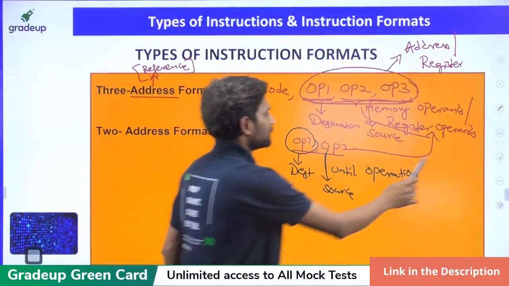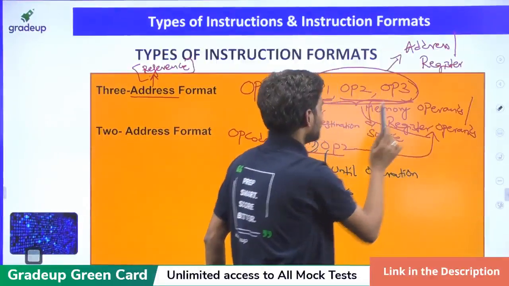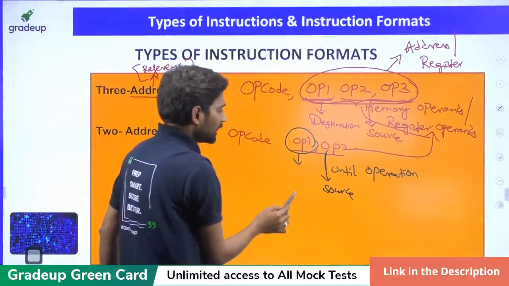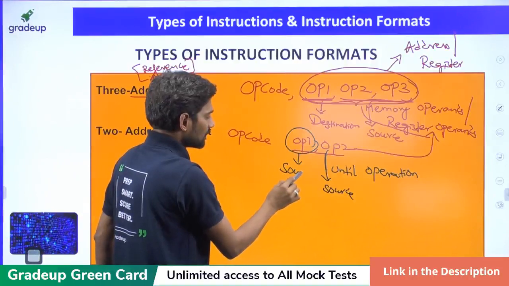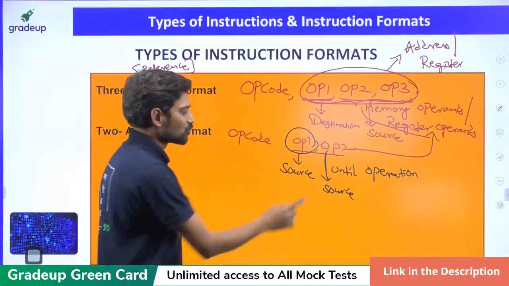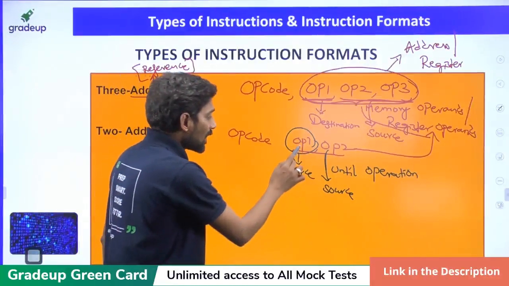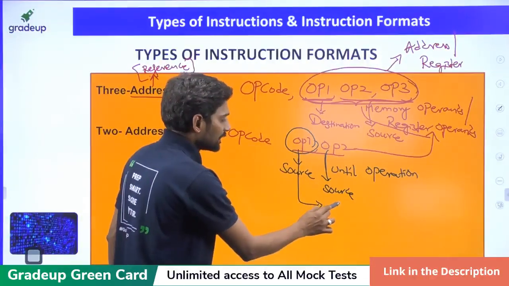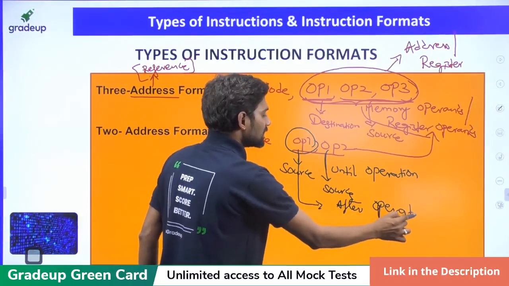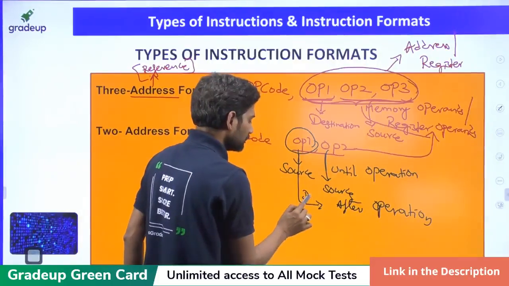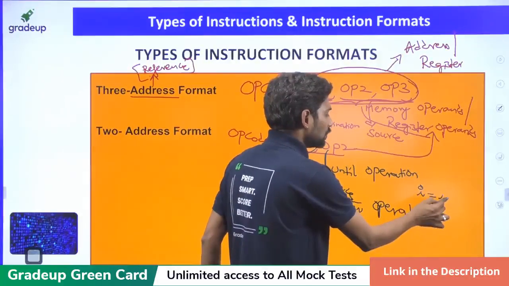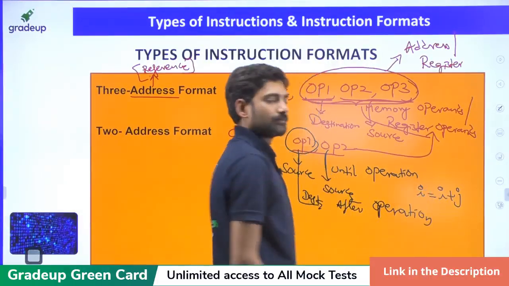Wait a minute. I have just written it the wrong way. Until the operation is completed, both are considered as sources. Once the operation is completed, the first one is considered as destination. For example, I is equal to I plus j.